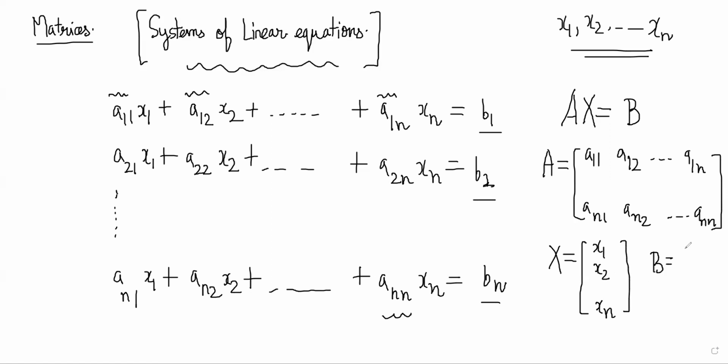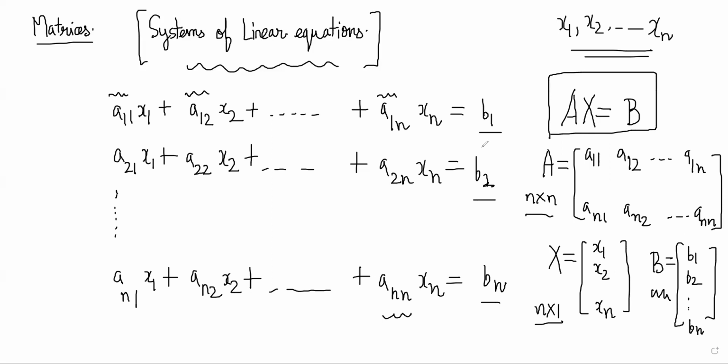And B is the right hand side column vector with b1, b2 till bn. You can see that since it is n cross n and n cross 1, the multiplication is defined and it will give us an n cross 1 result. So we want to find out our x column vector, which is the unknowns in this equation. And that is what we'll learn how to solve using matrices.